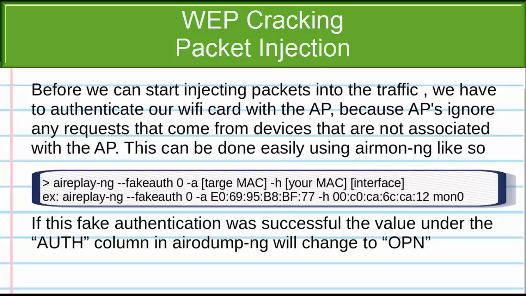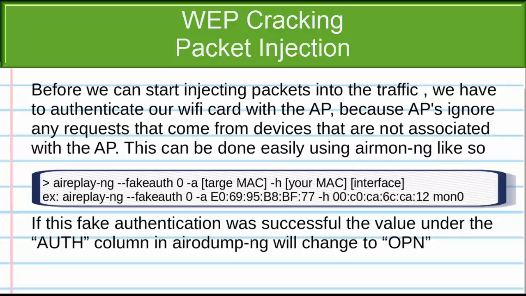It won't even try to read it or see what's in there. So before we can inject packets to the router, we're going to have to authenticate ourselves with the router. We're going to use a method called fake authentication, and it's very simple. We have to do it every time before we try to inject. I'm going to explain it now, and then in the future we're just going to run the command straight away.